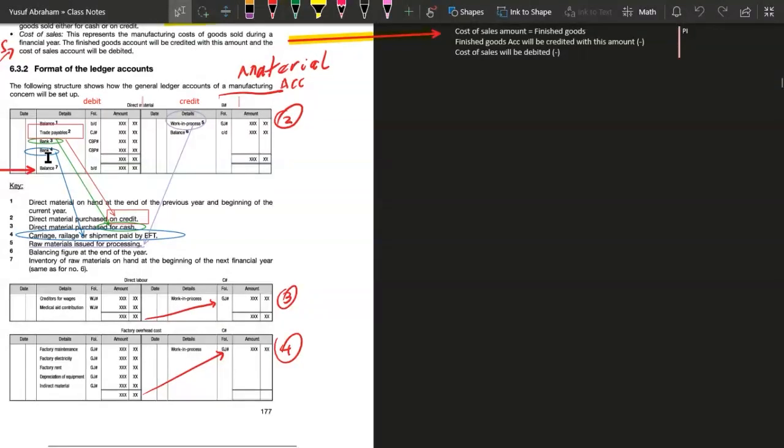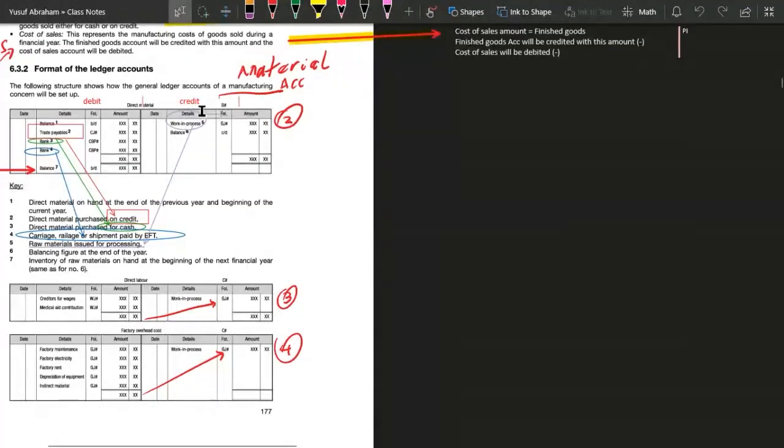And bank 4, we are talking about the carriage, railage, and shipment. We need to include that. We talked about that, right? We need to include the carriage, railage, and shipment into the cost of the material, right?